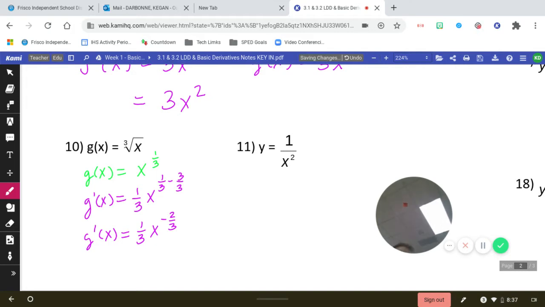Now you can move that x to the negative 2/3 back down to the bottom of the fraction, so you can absolutely change that to be 1/3 x to the 2/3, like so. You can absolutely make that change, but you don't have to. You can leave a negative exponent in your answer as long as it's in an equation.